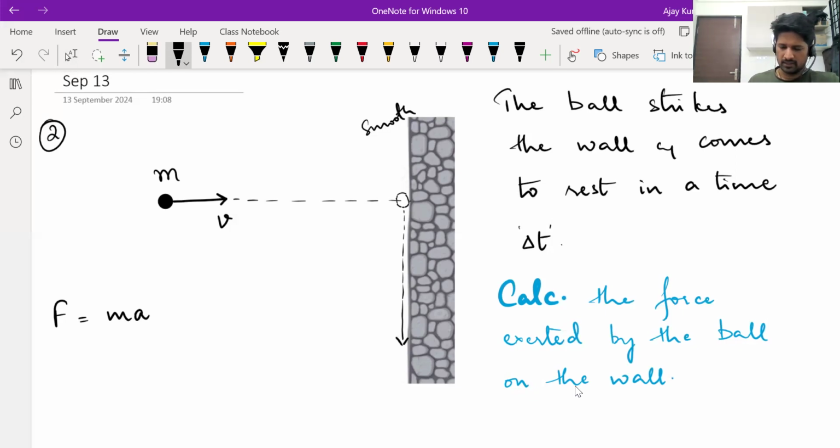Okay, you tried writing force as mass into acceleration. Can you repeat what you said? Force is mass into acceleration. And then I wrote m is equal to f by a, and I substituted it in the momentum is equal to mass into velocity equation.